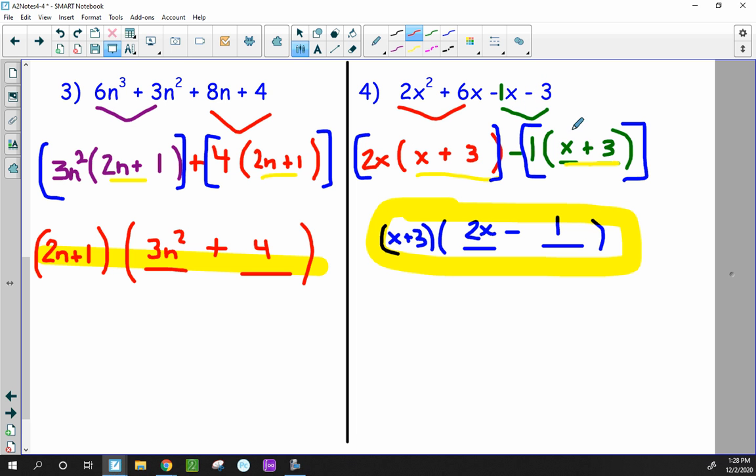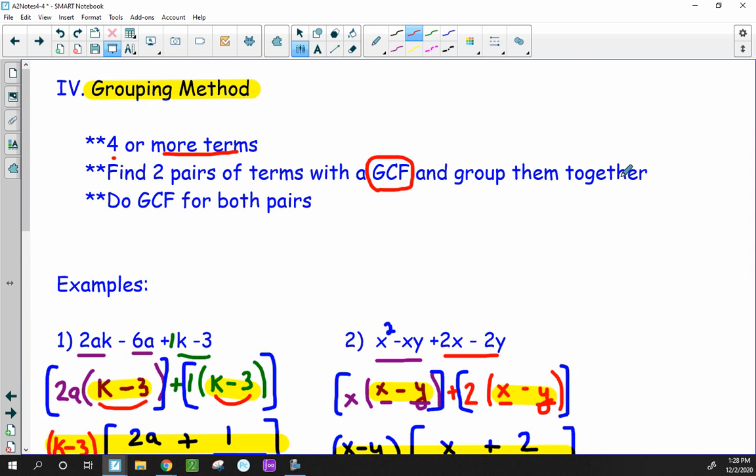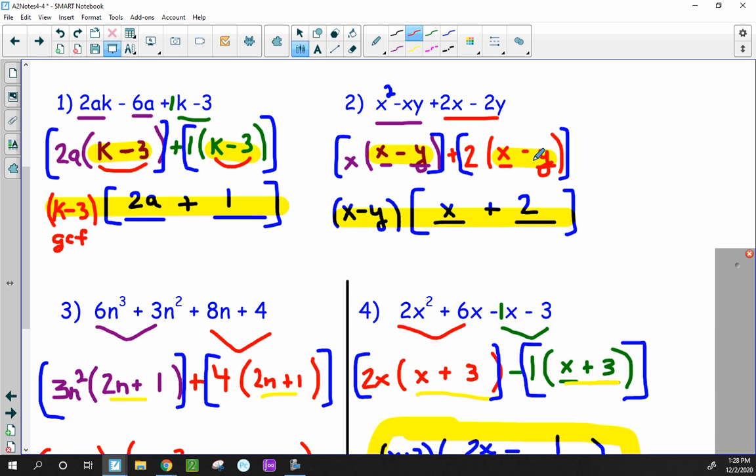If these don't match, in other words, go back, start over, and pick 2 more pairs of terms. Okay, so today we've done grouping method for factoring. It requires you to look for GCFs multiple times on pairs of terms, and to know that all these problems we're focused on right now are going to have 4 terms up front.